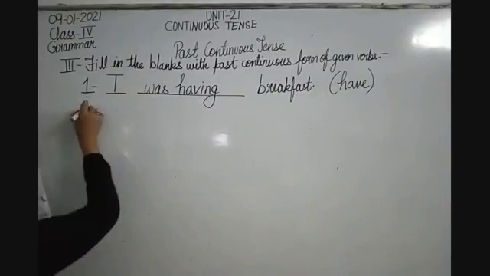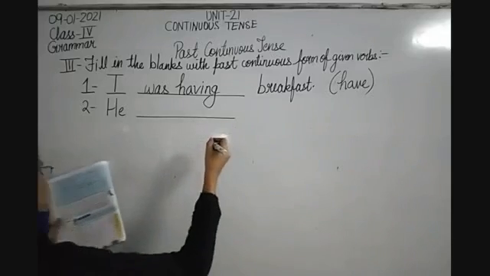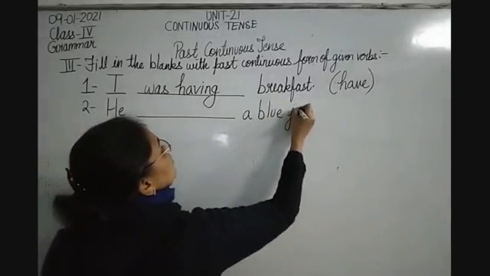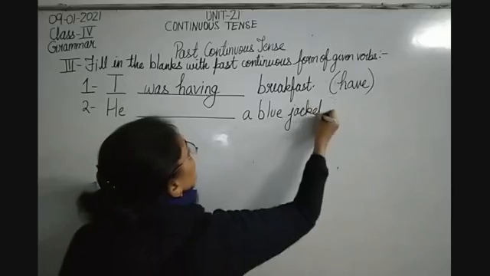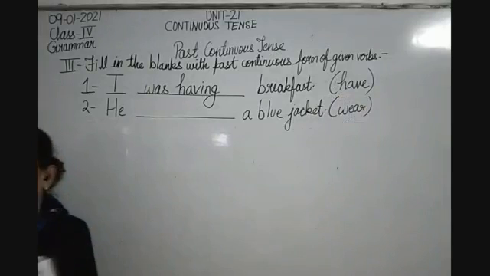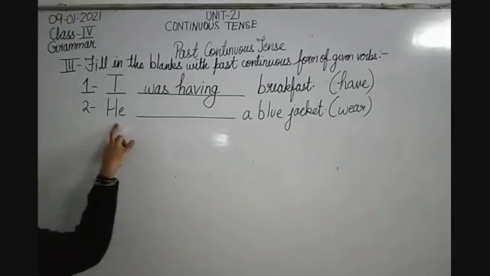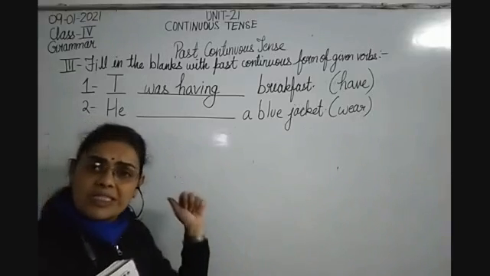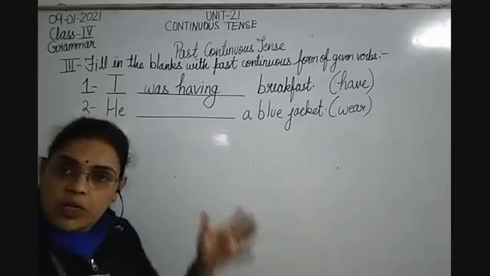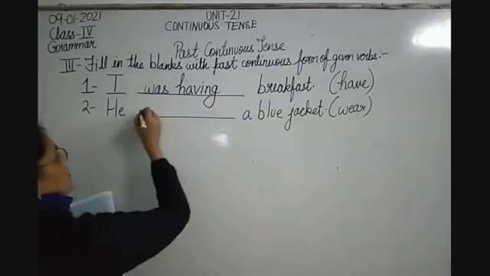Then the second one: he dash a blue jacket, and the verb given in the bracket is wear. wear का ing form क्या है बेटा? wearing, है ना? he subject है, that means singular है. तो with singular pronouns, that is he, she, it, and with singular nouns, we use the helping verb was in the past continuous tense.